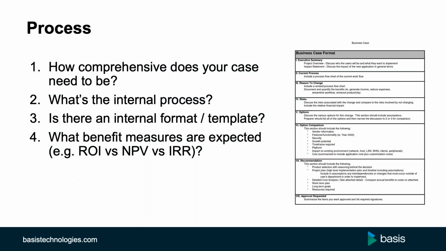How comprehensive does your business case need to be? What process do you need to follow? Is there a particular template that you must use? And what is your organization most accustomed to in terms of the different financial options of representing your case? Is it return on investment, internal rate of return, net present value, payback, etc.?